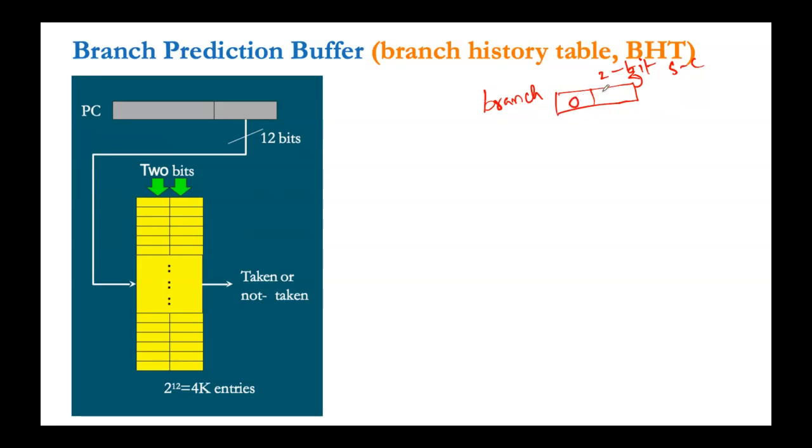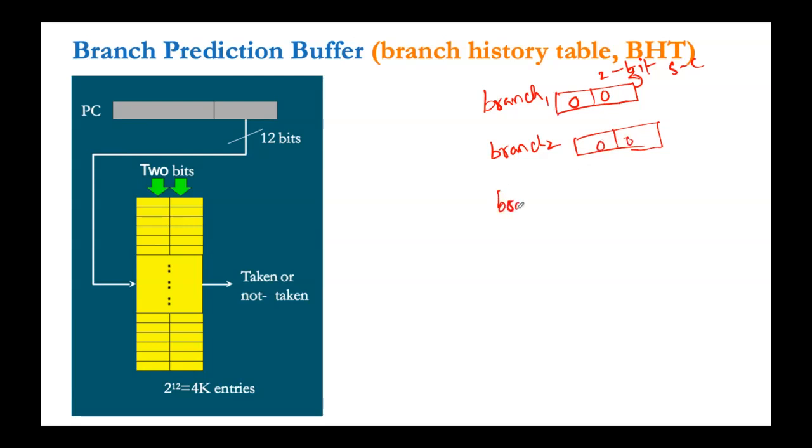That holds the branch state, like 0 0, 0 1, that is, whether the branch is taken or not taken, which gives the prediction. So for branch 1, this will be there. Suppose we have another branch, branch 2; that will also have a 2-bit saturating counter buffer, like 0 0.